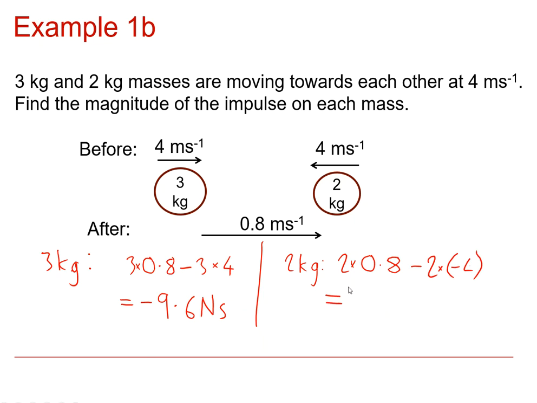And that works out as positive 9.6 Newton seconds. Now notice that they are the same size as each other, and that's certainly not a coincidence. That is exactly what you should expect. Again, through Newton's third law, you expect the impulse on one object to be the negative of the impulse on the other object.